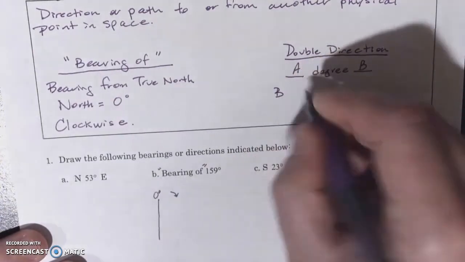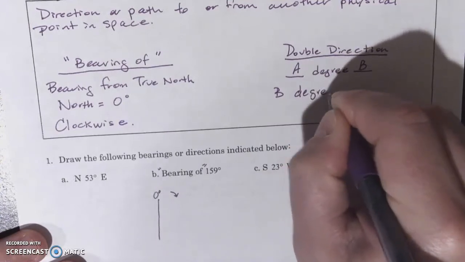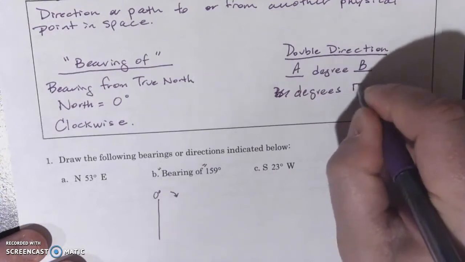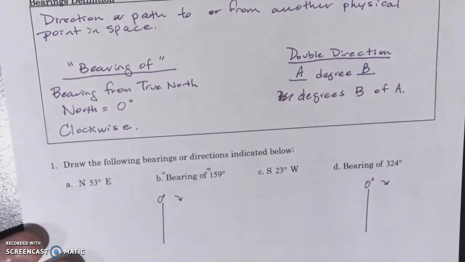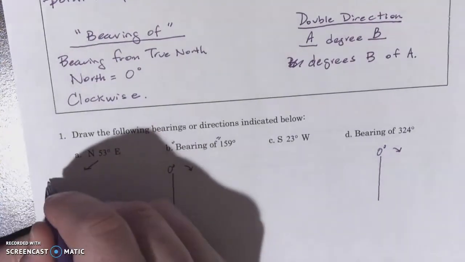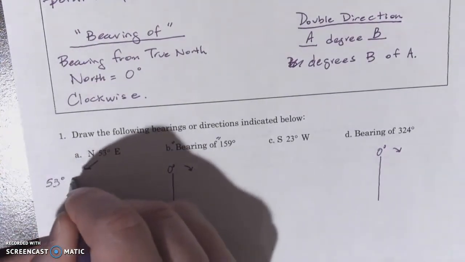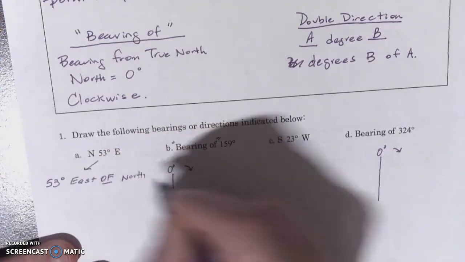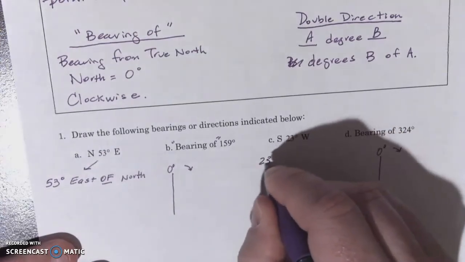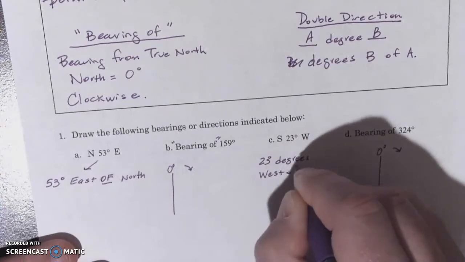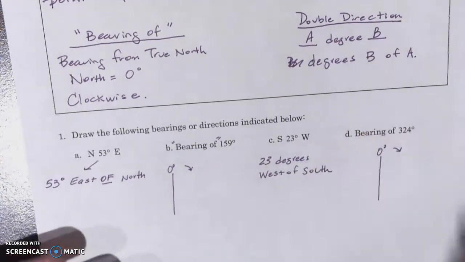It's B degrees, really degrees B of A. So this terminology means 53 degrees east of north. This terminology means 23 degrees west of south. Words need to mean something to us.